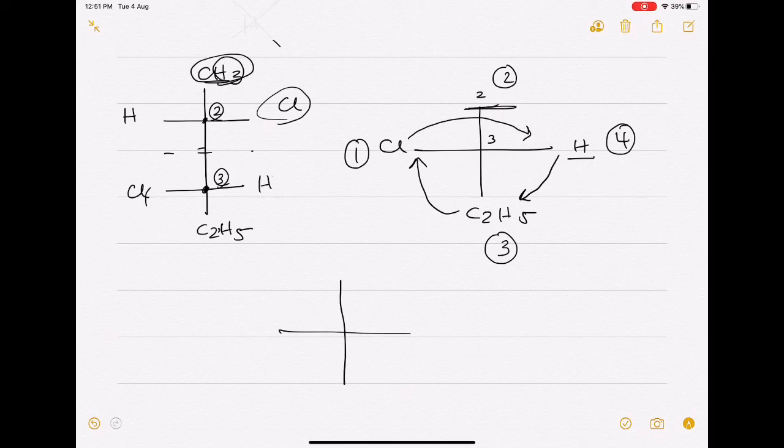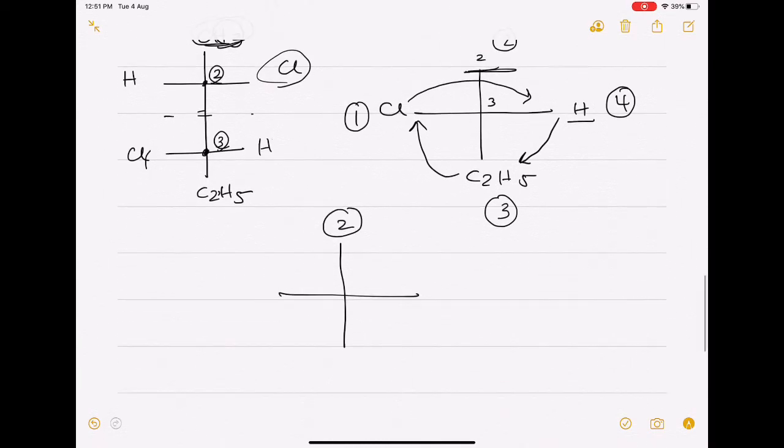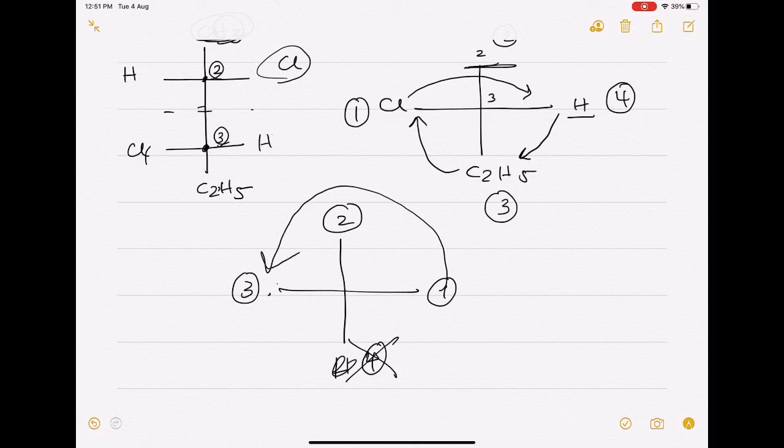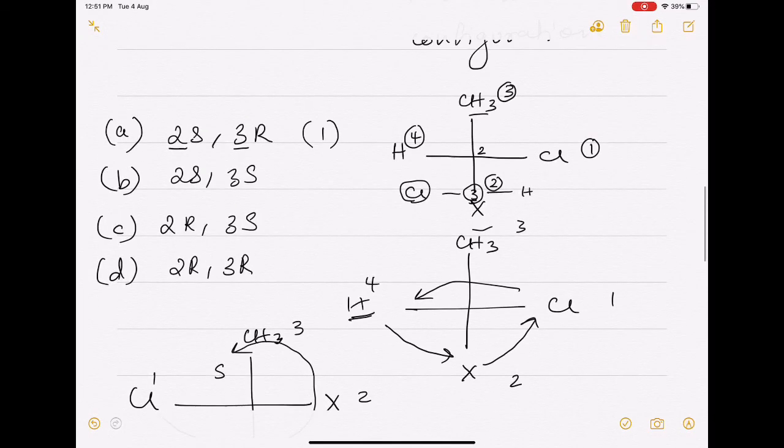So it'll look like this: 2, H, Cl and C2H5. This is the third, this is 1, this is 4. Now we cancel this, and now we do this. Even this is coming anti-clockwise, so this is also S. So the correct option is 2S and 3S.